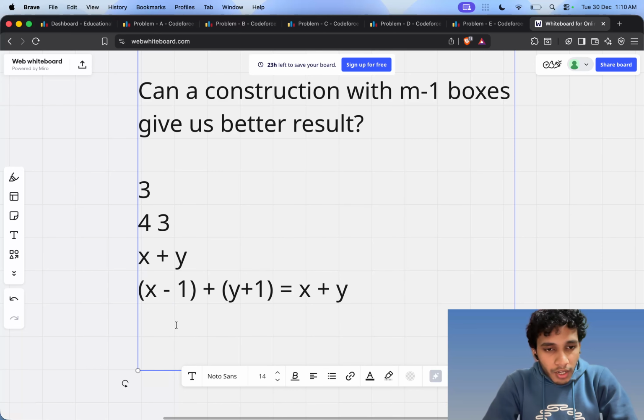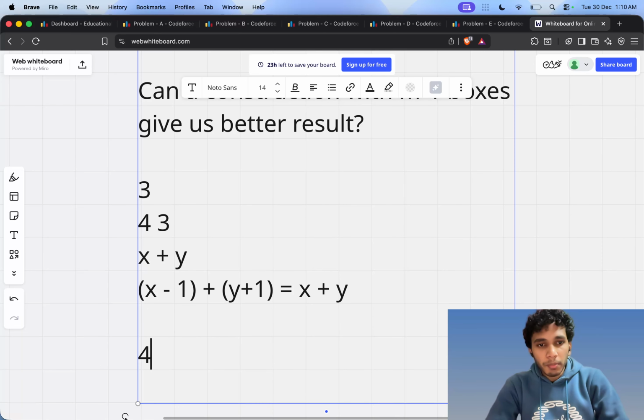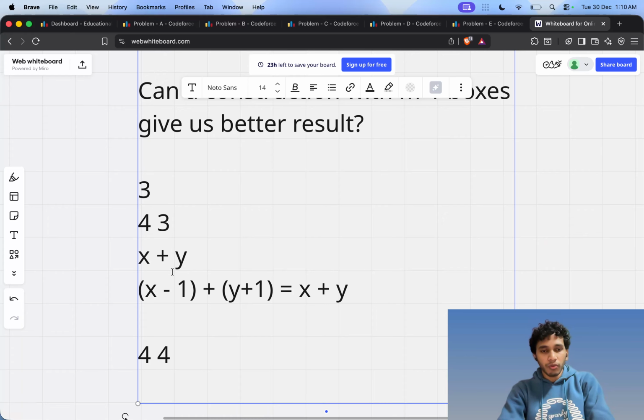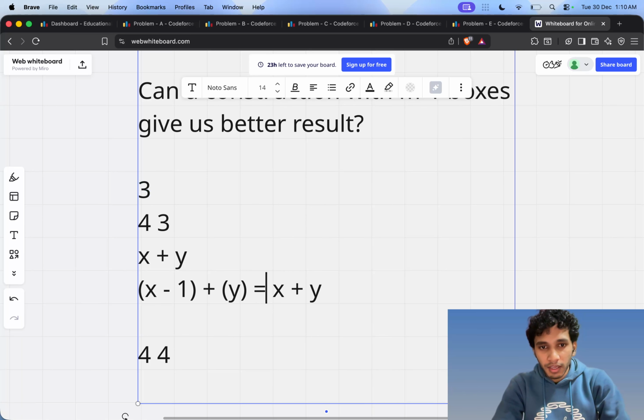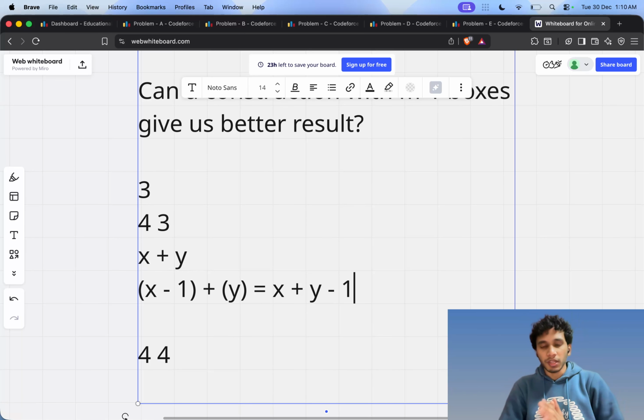Or another scenario where he could be made happy using beauty 4 and coin 4. Now, coin 4 is greater than coin 3, the number of coins which we are left over with. So in this scenario, this 1 will not be added, and overall answer would be x plus y minus 1.